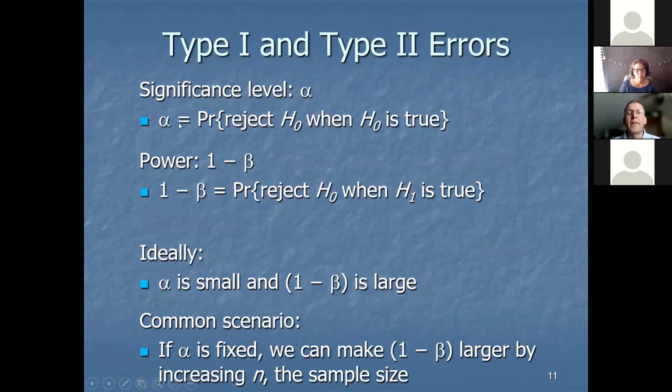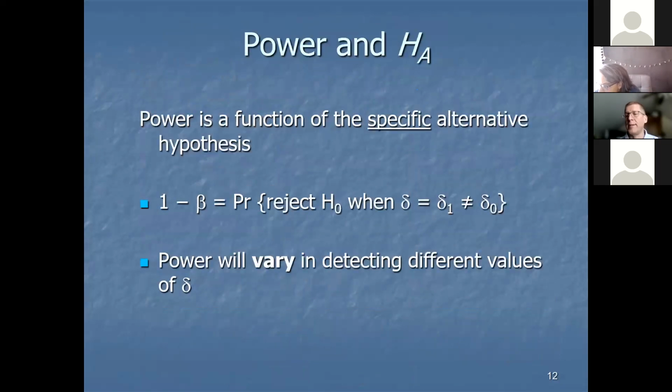So the significance level is the probability of rejecting the null when the null is true. Power is the probability of rejecting the null when the alternative is true. Ideally, I have a small alpha and a large power. And the way that I can make power larger is by increasing the sample size.